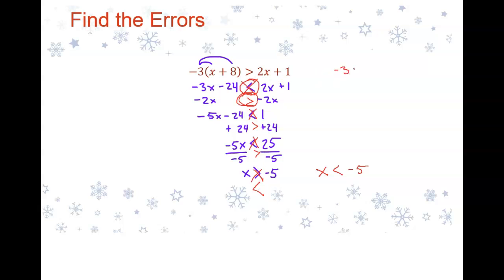We might have just come over here and solved it ourselves rather than trying to fix their problem. And then we could compare side by side, see what we got different. If you would like to do that, you are perfectly welcome to. See if you get x is less than -5 as your answer.